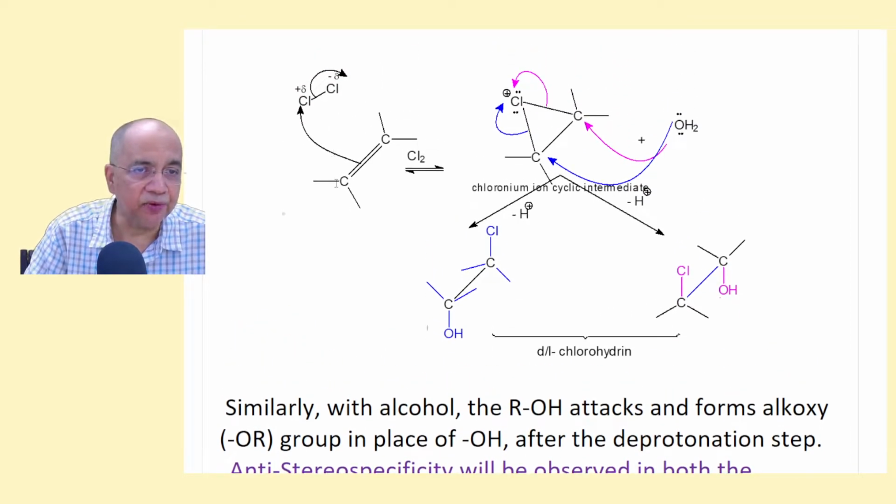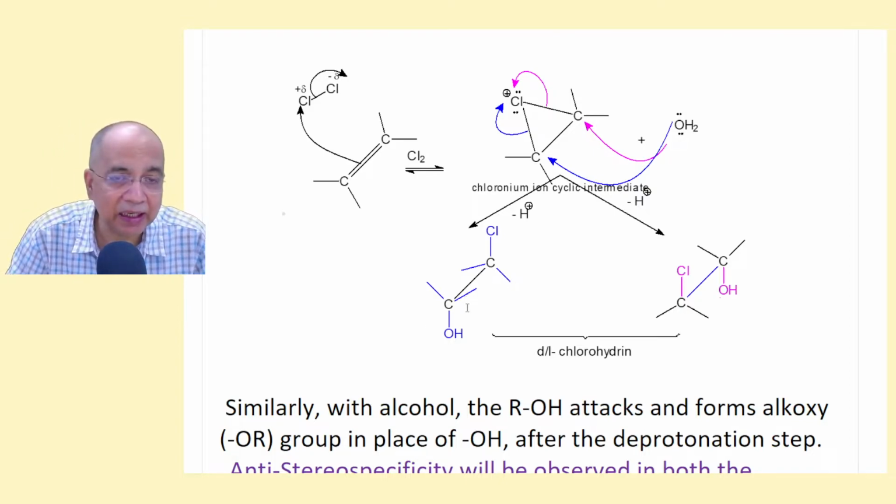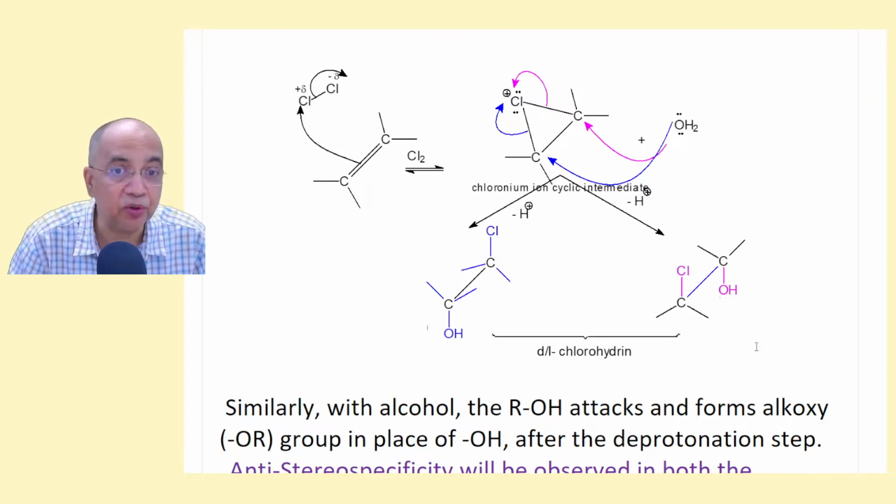Same. If you take cis, supposing this is cis, you get a DL pair. Of course, trans also will give you a DL pair, because there is no symmetry in the structure. It's not like butene, because the chlorine and OH, they are different. So there cannot be any meso form.